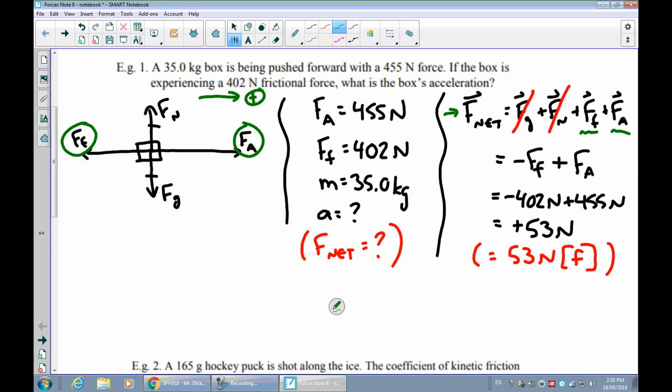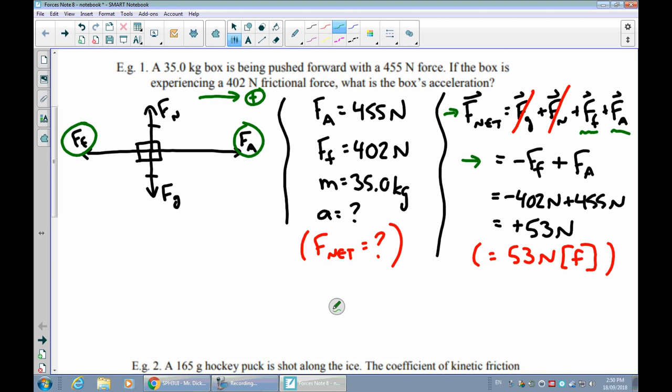But now, in our next step, we're realizing that friction is really a negative force. So if we just put a negative sign in front of its magnitude, and a positive sign in front of the applied force magnitude, that really represents them as vectors, because one is going directly in the negative direction and the other is going directly in the positive direction.